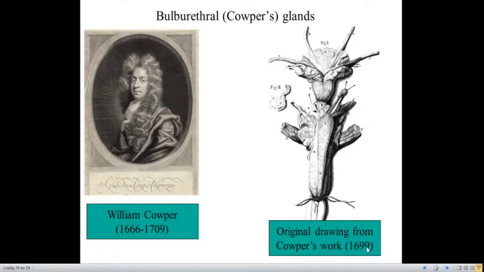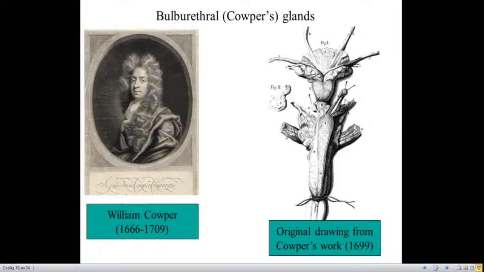But in 1699, William Cowper released an article where he described bulbourethral glands not only in humans but also in many mammals, and he provided the first illustration of these glands. So really this picture is the first illustration of the bulbourethral gland in the history of medicine.